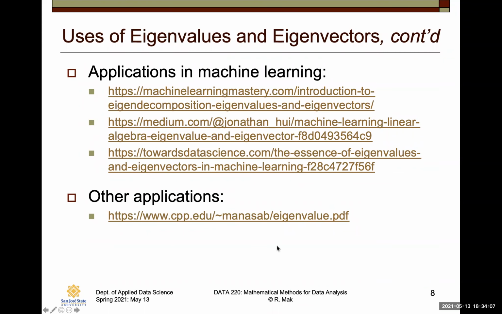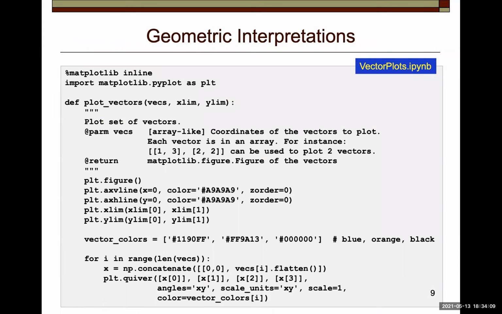Now I want to show you the geometric interpretation of eigenvalues and eigenvectors. I have a function here that plots vectors, and it does it in up to 3 colors: blue, orange, and black.